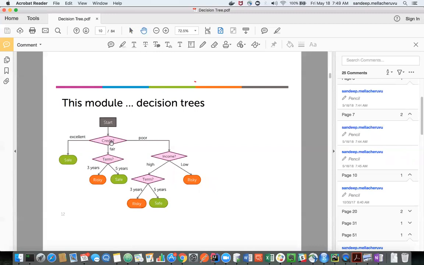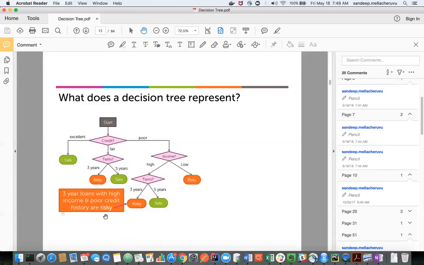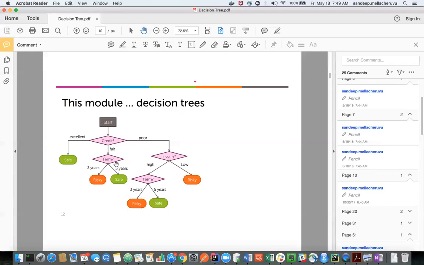If it is poor, again you will have some more conditions. If you follow through this decision tree, finally you will get to some leaf node, and the leaf node is going to tell you the decision that the decision tree gives. And this entire tree is nothing but your classifier. So we want to build this kind of a tree.